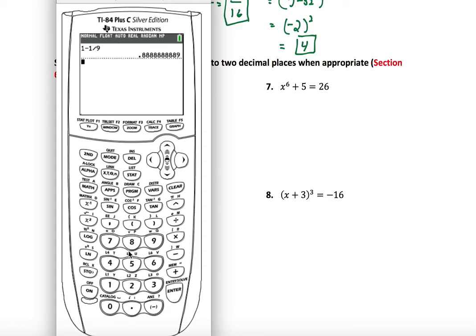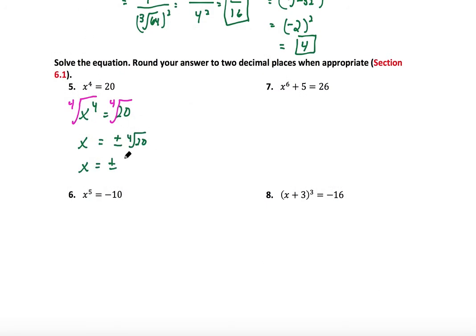Okay, so all we have to do there for the 4th root of 20 is have 20 raised to the 1/4 power. And remember, you need parentheses if you have the older version of the calculator. And we get about, to 2 decimal places, 2.11. So 2.11 is our answer.